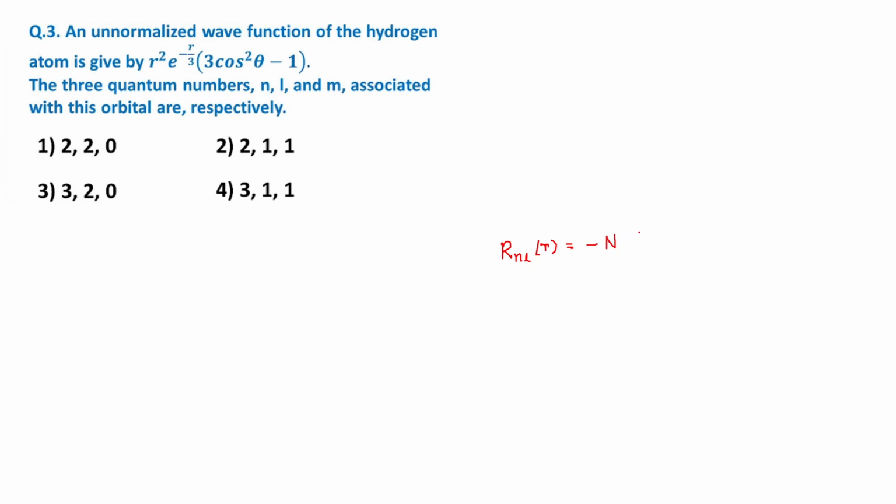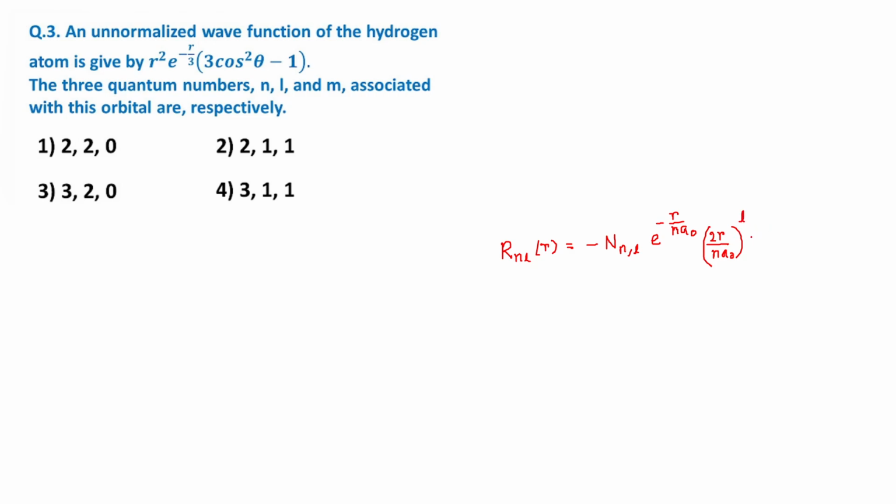N is a normalization constant. It is dependent on the principal and the azimuthal quantum number. And there is something like e to the power minus r by n a naught. A naught is a constant, and n is obviously the principal quantum number. And another term is going to come, that is 2r by n a naught to the power l.